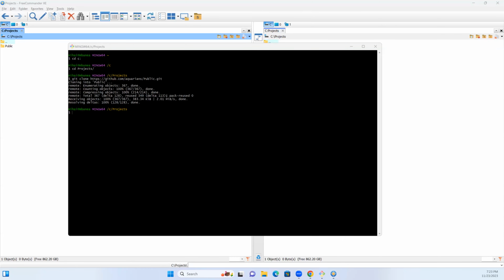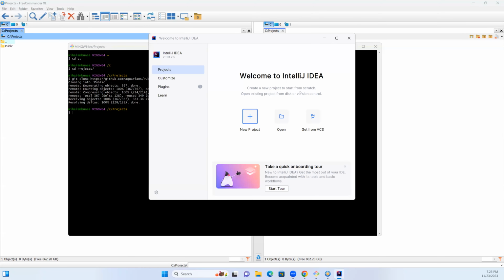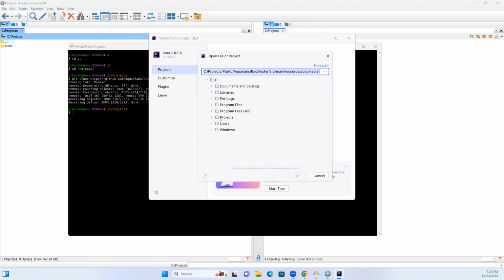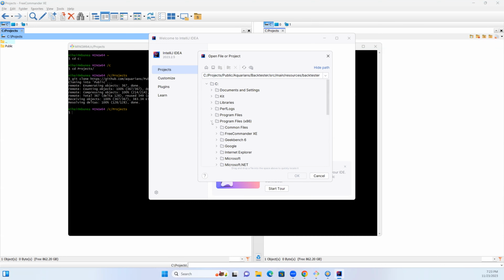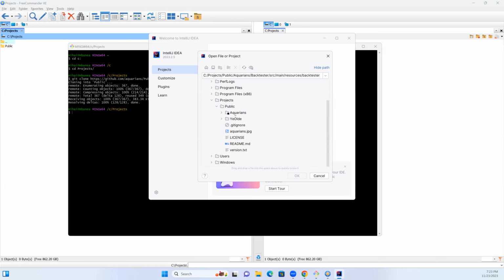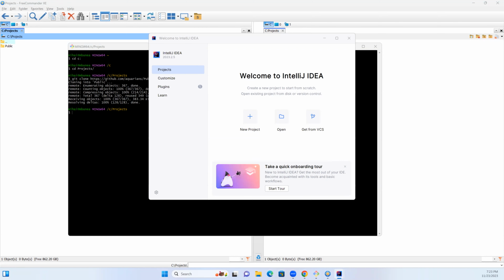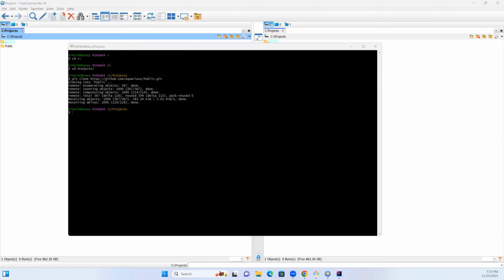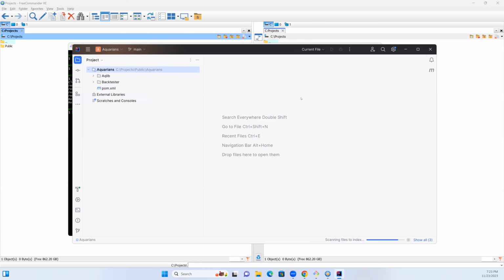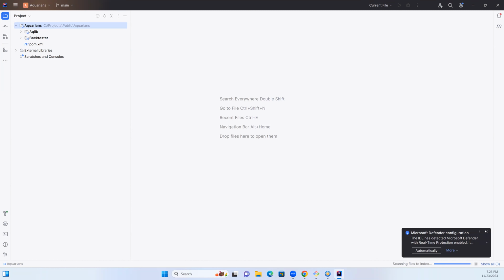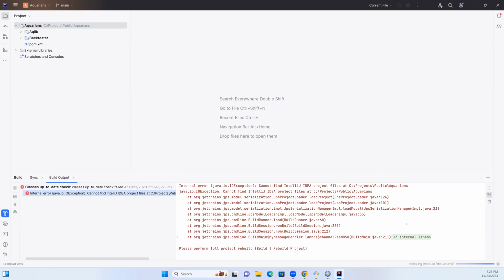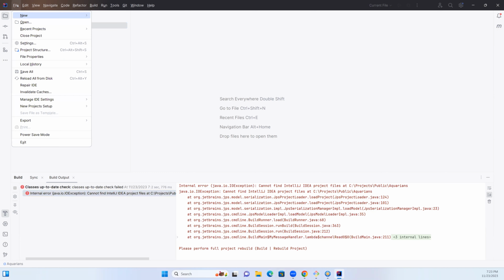start IntelliJ and open the project. Remember where you put it. Projects and this Aquarians folder. Let's take a look at what this is.